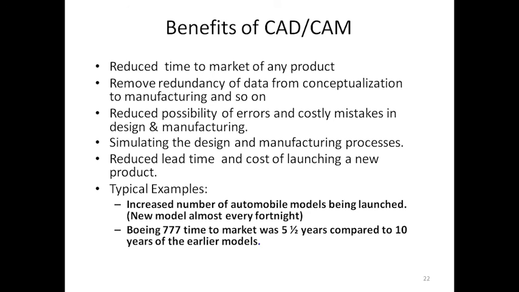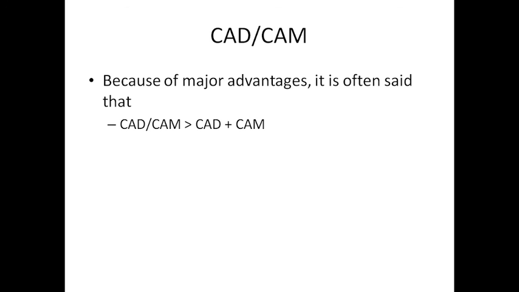Another good example is Boeing 777, where time to market was 5.5 years compared to 10 years for the earlier models. Because of all these advantages, it is often said that CAD and CAM combined together is much bigger than CAD and CAM done separately, basically because of the flow of information.